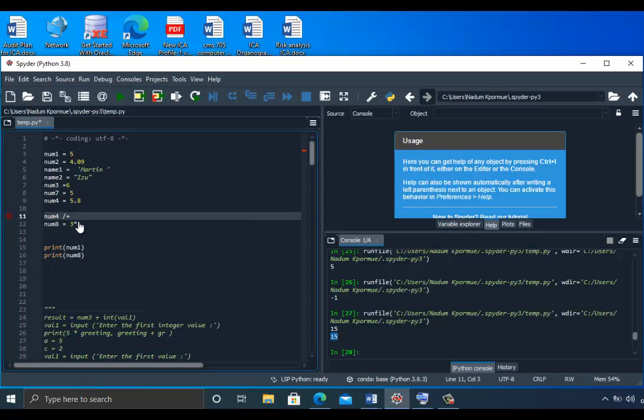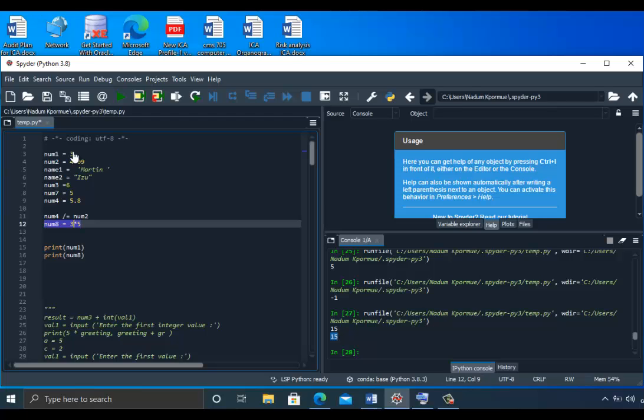This is num4. Then we change this to num2. So we are going to look at the results.